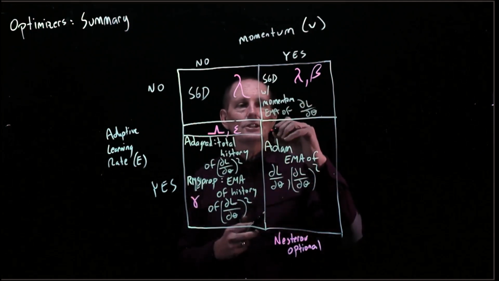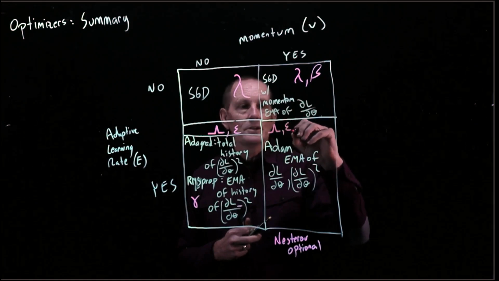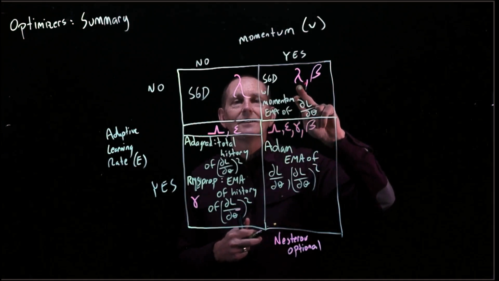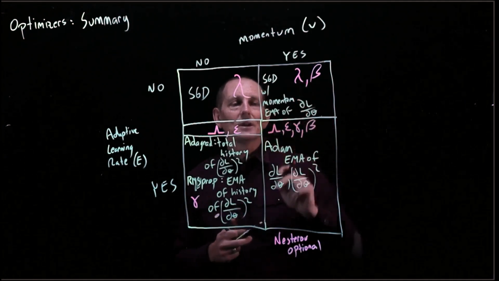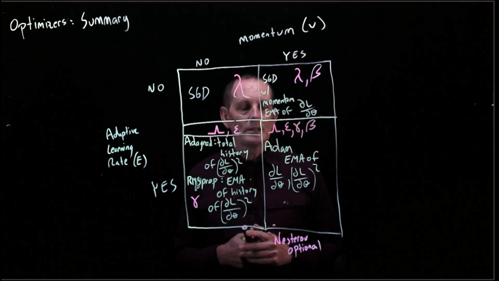So we've got the combination of all of the parameters, except we no longer have the lowercase lambda. Instead, we use this uppercase lambda, which is our base learning rate.